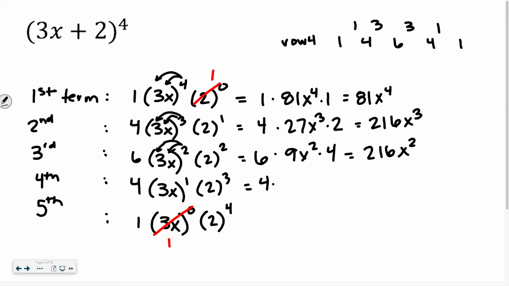4 times, now it's just 3x to the first. That's just 3x, right? So we got a 12x times 8, and 12 times 8 is 96x. And the last one is just 1 times 1 times 2 to the 4th, which is 16.